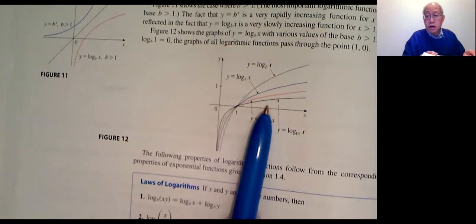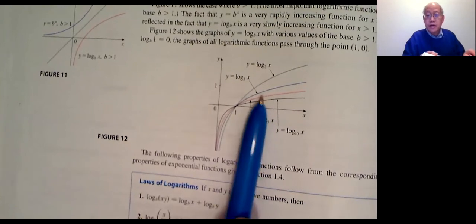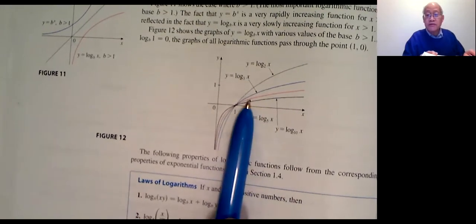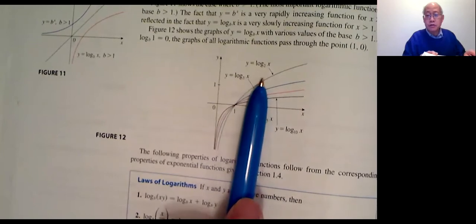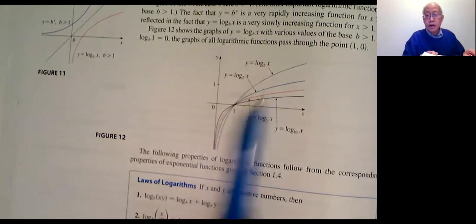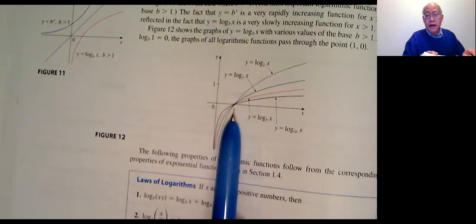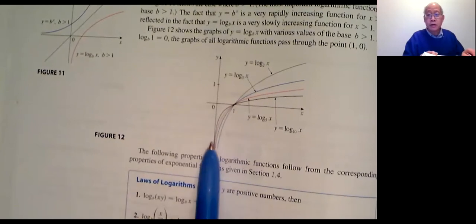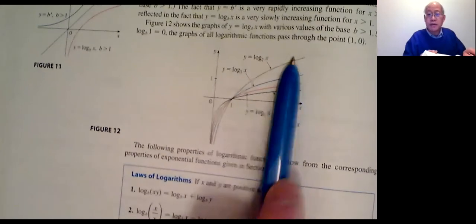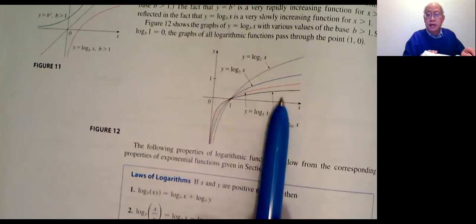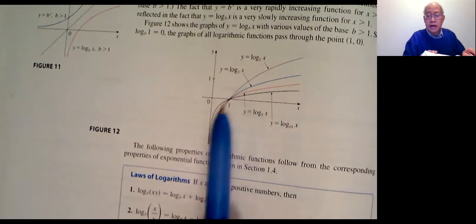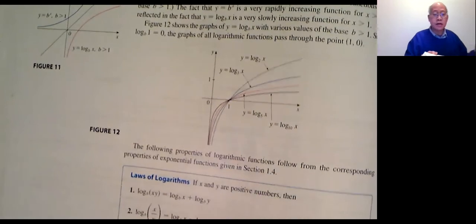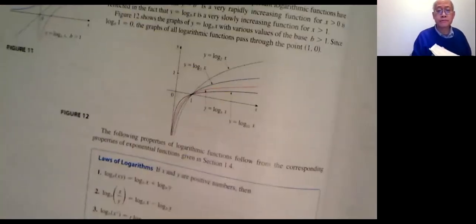Notice it goes log base 10, log base 5, base 3, base 2. Then as you pass 1, 0, they switch. The green is on top here, it's below here. The lowest one on this side is the black, and it's now the largest one on this side. If you want to put that on your formula sheet, you may.